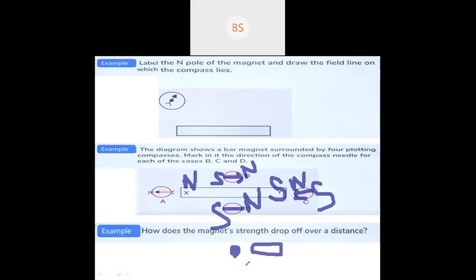But the second time, if I take this bar magnet away from the magnetic material, what happens? The distance is increased. If the distance is increased, the strength of the magnet exponentially decreases. Correct? This is the answer for this question. Any doubt in the last question? Clear about it? We can go for the next.